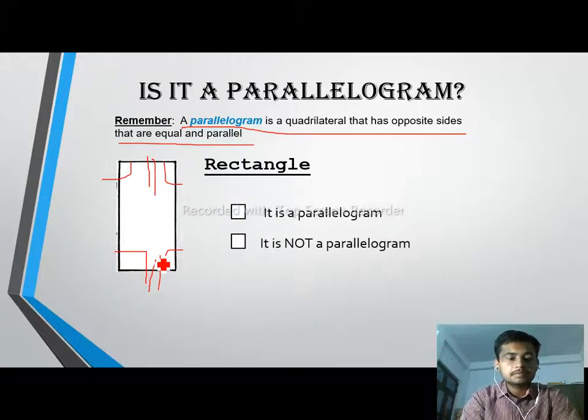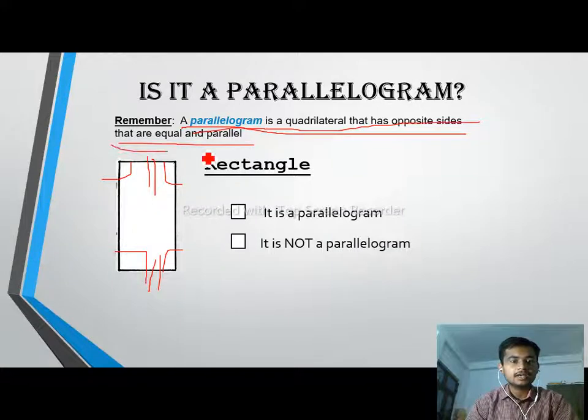Why is it different from a square? Because a square has all its sides equal, but a rectangle doesn't have all its sides equal. Not all sides are equal, but opposite sides are equal and parallel. So it also represents a type of parallelogram, since a parallelogram is a quadrilateral that has opposite sides equal and parallel, and that is why a rectangle also follows the property of a parallelogram, so it is also a parallelogram.